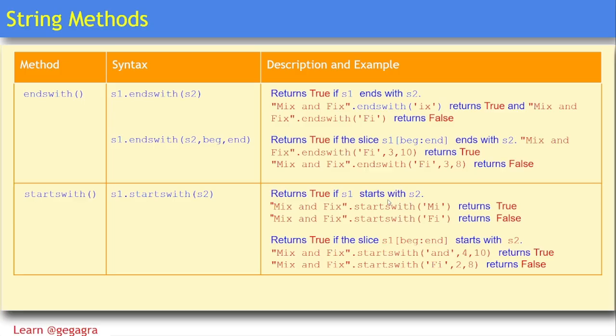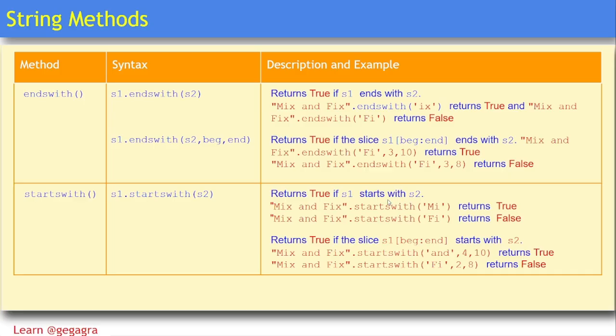Understood? Now the second method is startswith, meaning the string is starting with the substring mentioned here. See here, the first example returns true if s1 starts with s2. s1 is the main string, and we are going to check whether it is starting with s2.